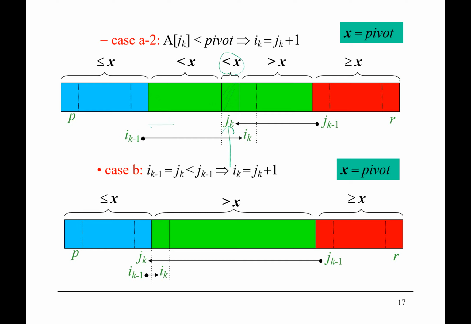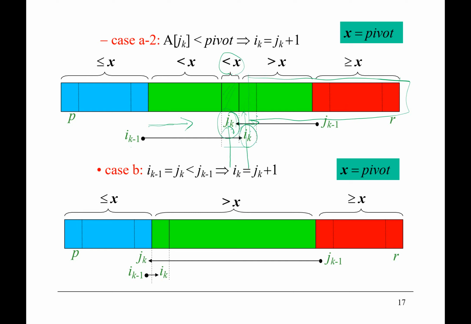I increases through the blue region, and keeps increasing until it meets j_k, which does not stop because it belongs to the right region. And when you check the next one, since all the elements after this j_k position are already proved to be larger than x, i_k will definitely stop after j_k, one position after j_k.